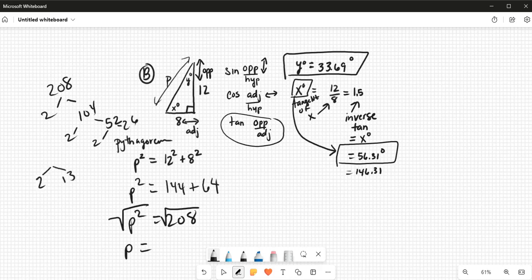So we've got 4 square root of 13 is P. And that's all the answers that they're looking for.